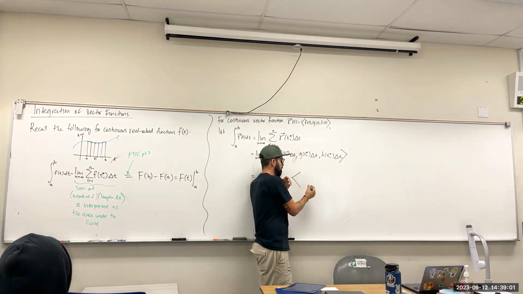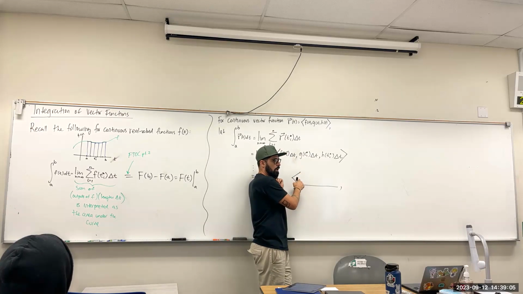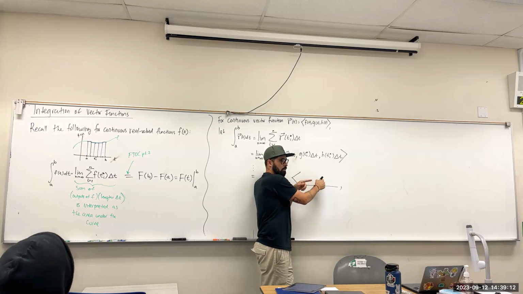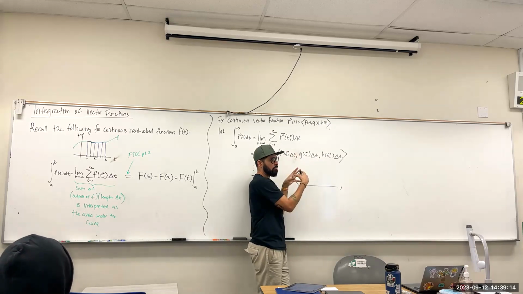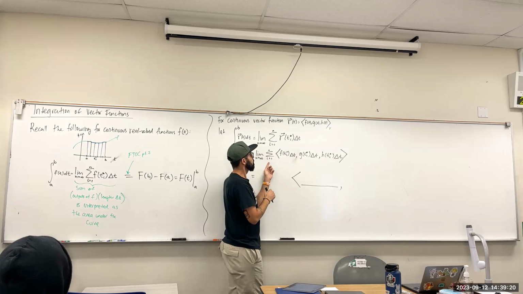What will the final vector be? f of t1 delta t plus f of t2 delta t. Basically, all these just end up adding together. Which one? This guy here?